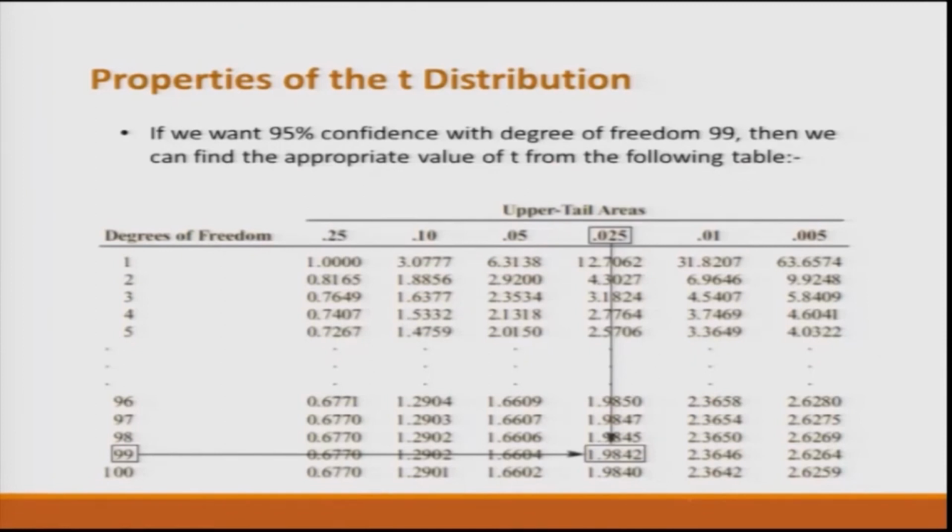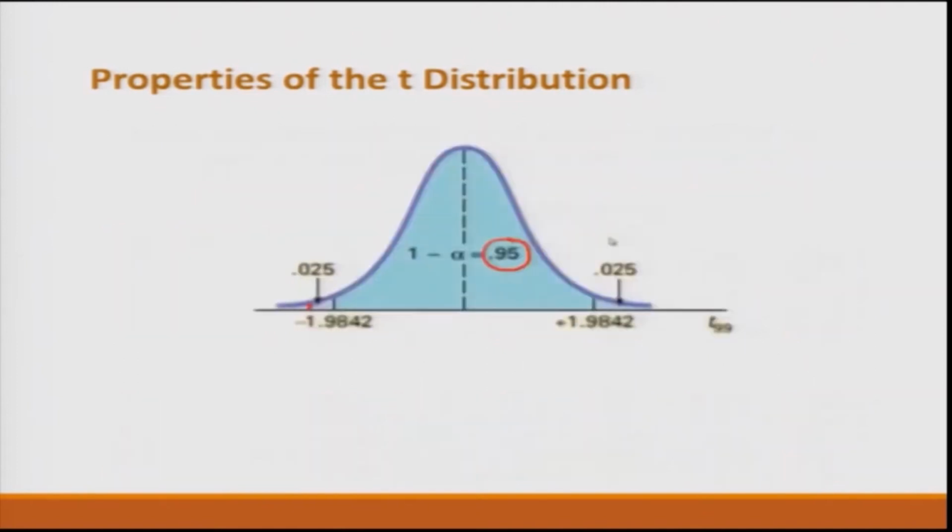So, if we want a 95% confidence interval with degrees of freedom 99, then we can find the appropriate value of t from the following table. At 95% confidence interval, as we just saw, with a two tail test, the area is distributed 2.5% on this side, 2.5% on this side and 95% here.